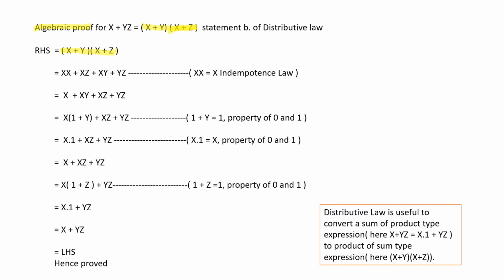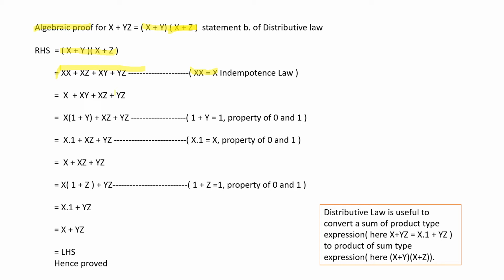We are going to simplify it. In the next step we get x AND x, OR x AND z, OR x AND y, OR y AND z. According to the idempotence law, x AND x is nothing but x, and we do the replacement in the next step.